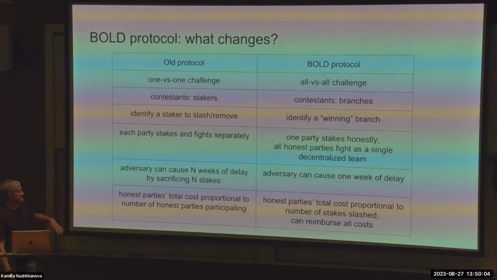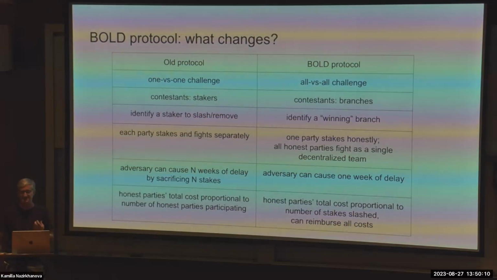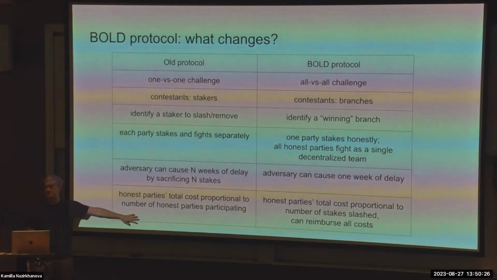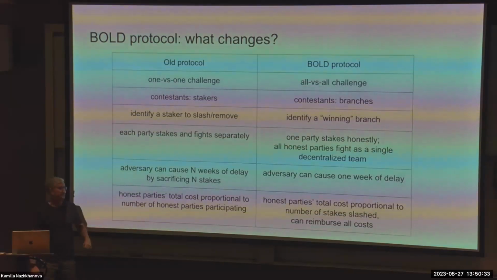And the result of this is that whereas before we had the possibility that the adversary can cause n weeks of delay by sacrificing n stakes, in the BoLD protocol, the adversary can cause 1 week of delay no matter how many stakes they're willing to sacrifice. And then also in the old protocol, the honest party's total cost in one of these challenge tournaments would be proportional to the number of honest parties who participate, which might be large because remember, every honest party, to be safe, will probably want to participate.